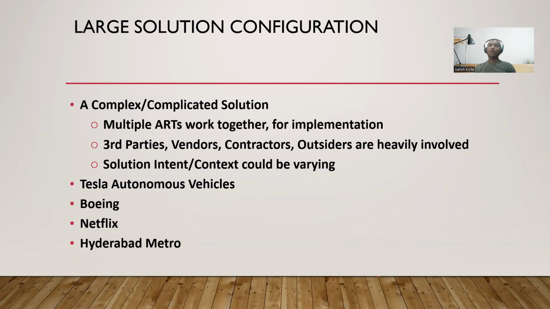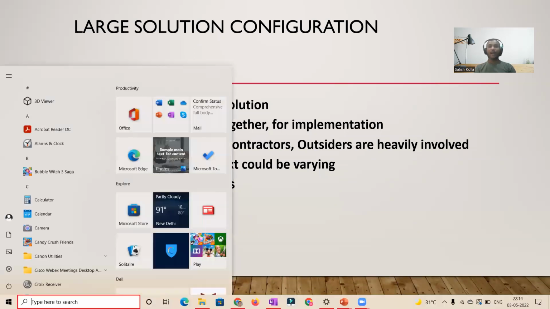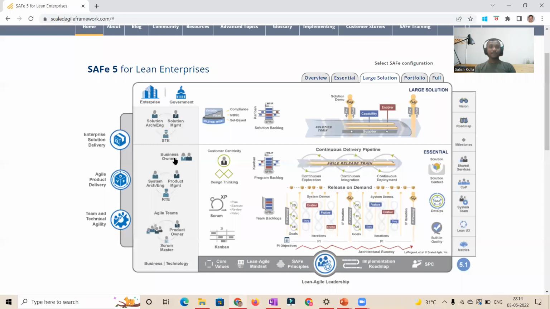The solution intent or the context which we defined initially could vary as we keep developing, implementing, and working on the solution. If we go back to the framework again, in the solution intent initially the fixed scope is limited, whereas the variable is more. We as an organization want to develop or implement a solution.